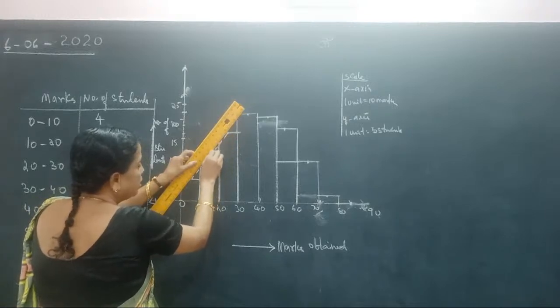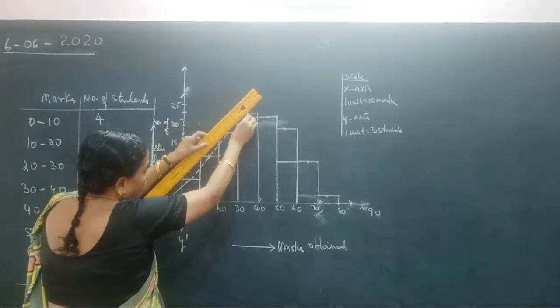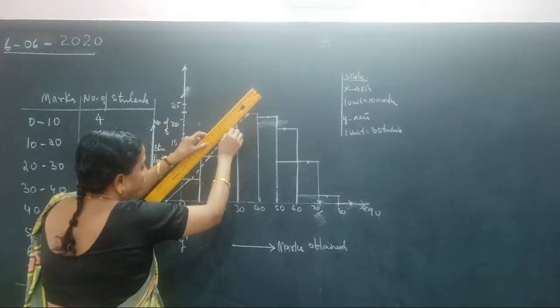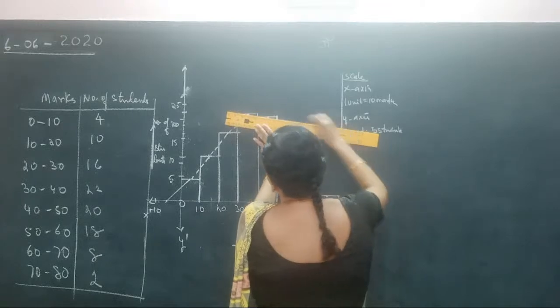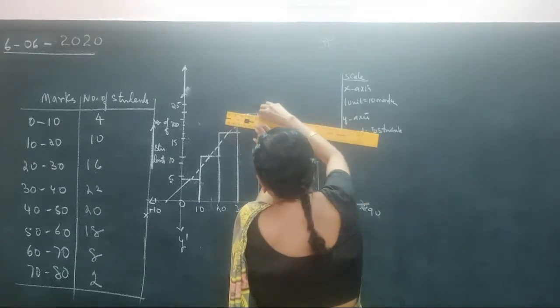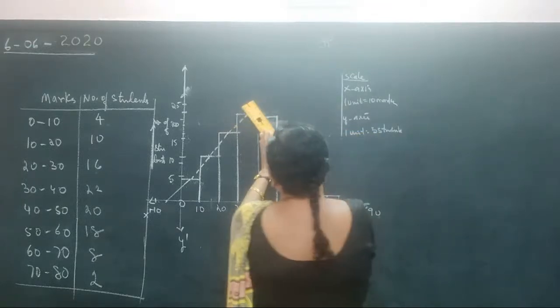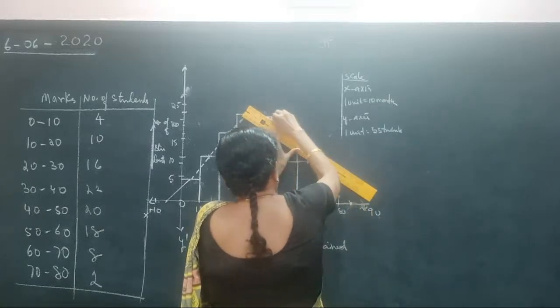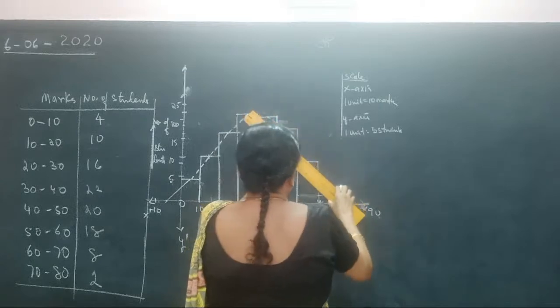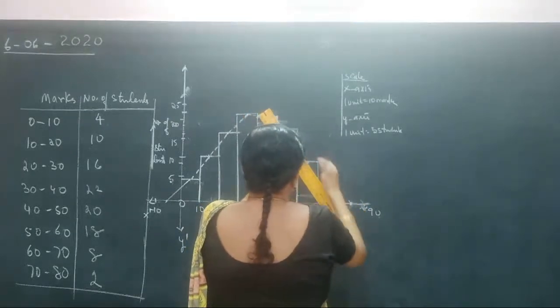A frequency polygon is also one of the graphs where we depict the midpoints of the class intervals. Since we are doing it along with the histogram, we just join the midpoints of the rectangular boxes like this. Is it clear?